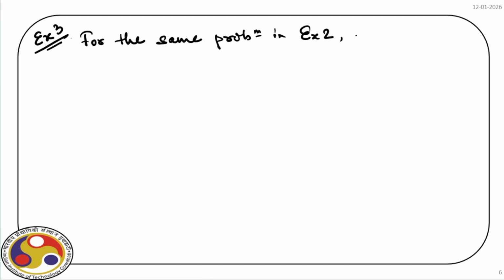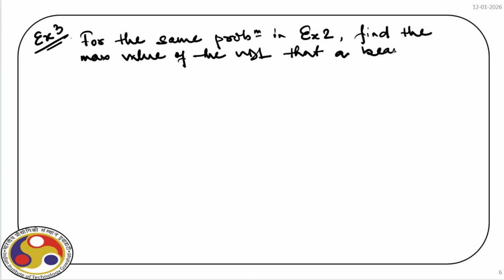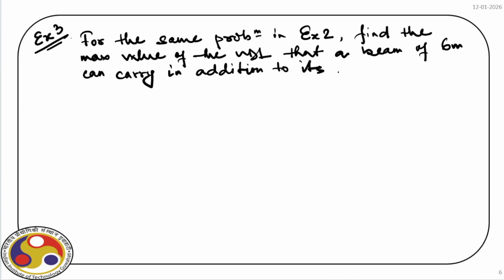For this problem, example 3, the statement is, for the same problem in example 2, find the maximum value of the UDL that a beam of 6 meter can carry, in addition to its own weight.